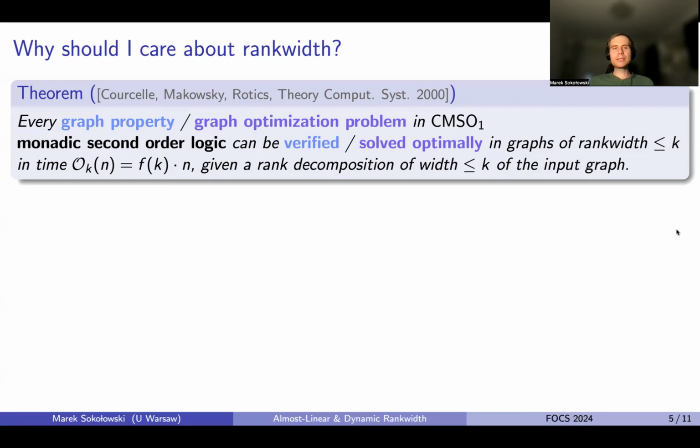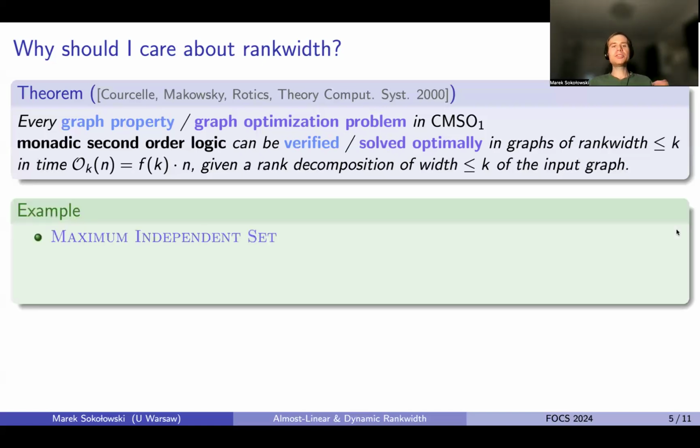And such graph properties or optimization problems can be verified or solved optimally in graphs of rank width at most k in time linear with respect to the graph, as long as we are given a rank decomposition of that graph of width at most k.